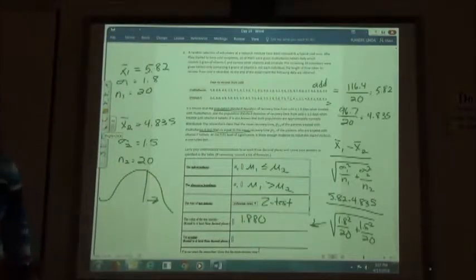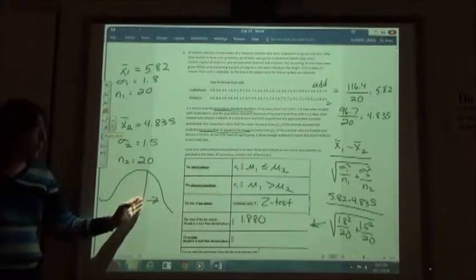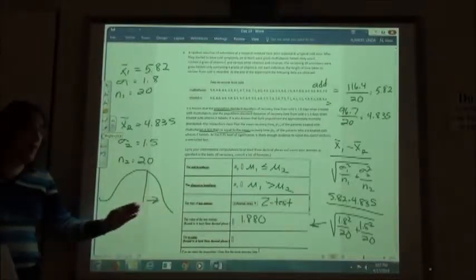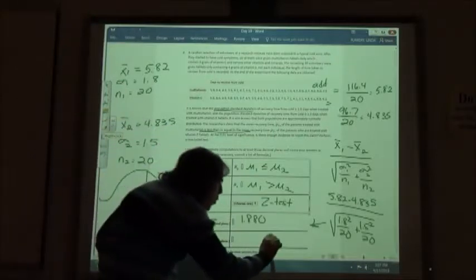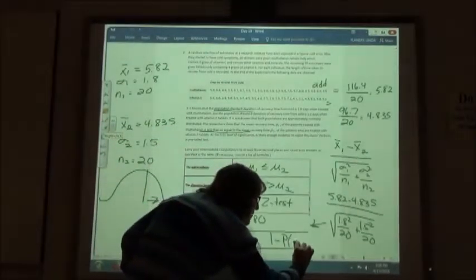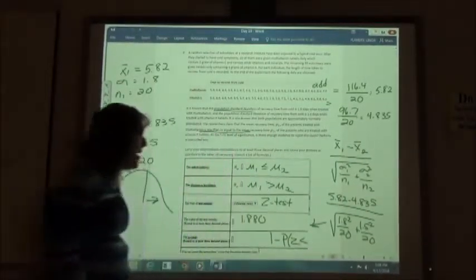We're doing the p-value, and on your Alex calculator, when you do the p-value, you have p of z is, and what's the symbol there? It's a less than. So remember that when we had the less than, but we were really figuring out the greater than, we had to do 1 minus the p of z is less than, right?